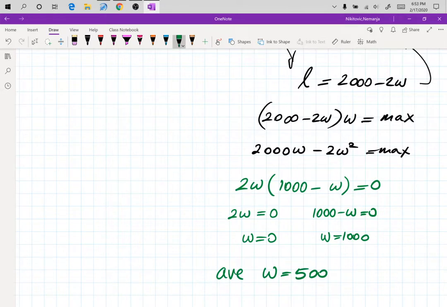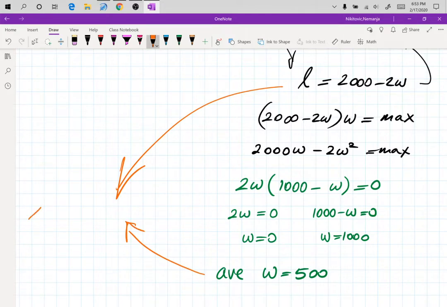Yes, we had W equals 500 before, but the length this time is not going to be 500, because we do have an equation for length. So when you drop the length and W together here, the length is 2,000 minus 2W.